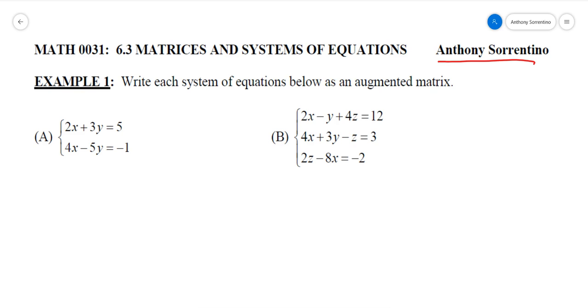I don't have a formal definition of it, it's in your textbook, but an augmented matrix is basically me taking a system of equations like A. Now I want to make sure as I do this, I'm going to put a couple little formatting things down here. One, I want to make sure that the system has variables lined up.